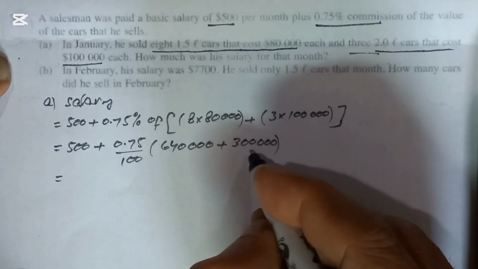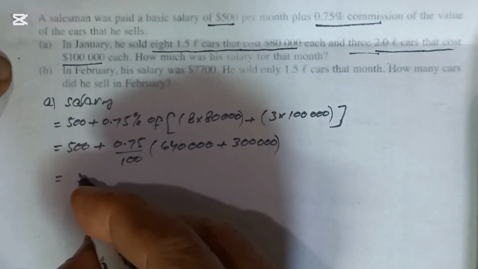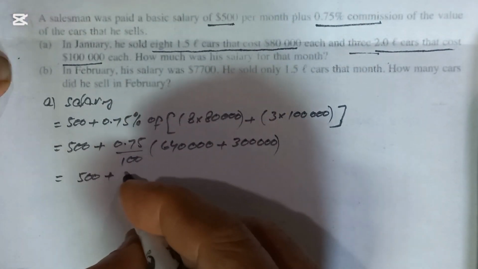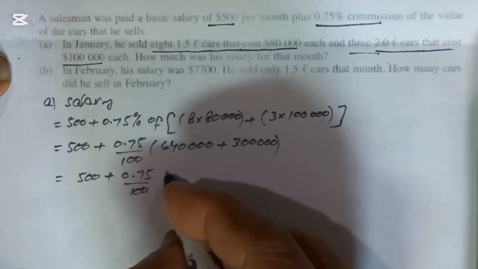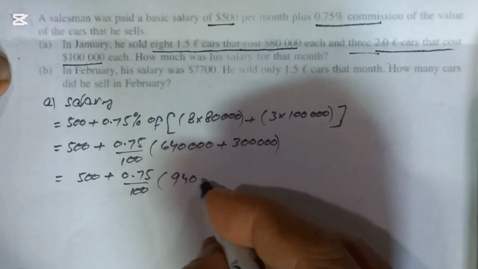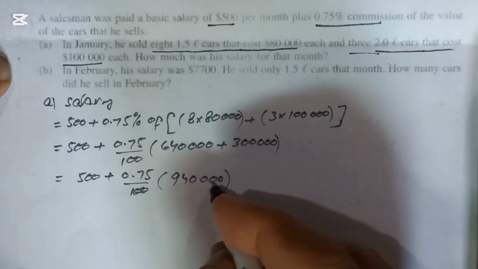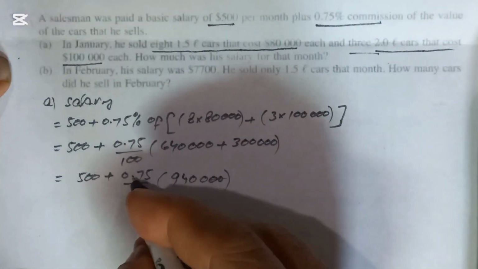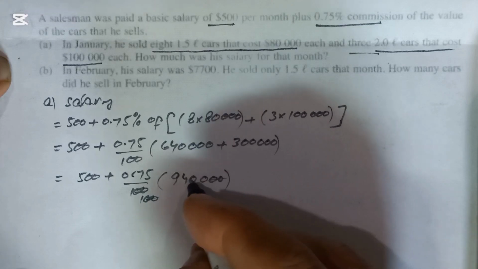Okay, when this 300,000 will be added to this, it will make 940,000. These two zeros will be cancelled by this. These further two zeros will be cancelled by this.